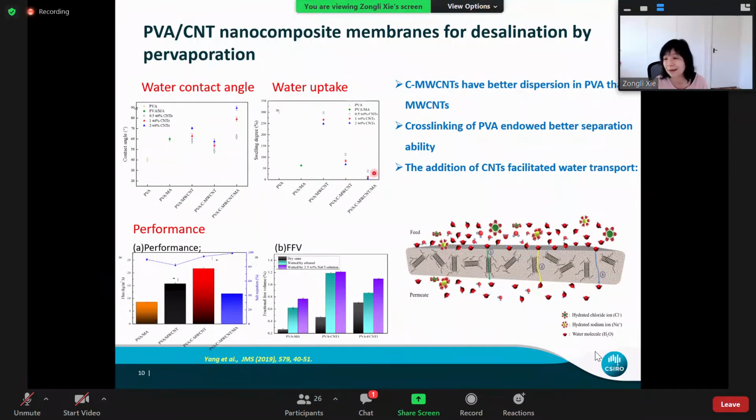And then by further using the cross-linking agent, we are able to further increase the selectivity. But it suffers from reduced hydrophilic property, and then we also suffer in the water flux. So there's a balance, and it's what we expected.